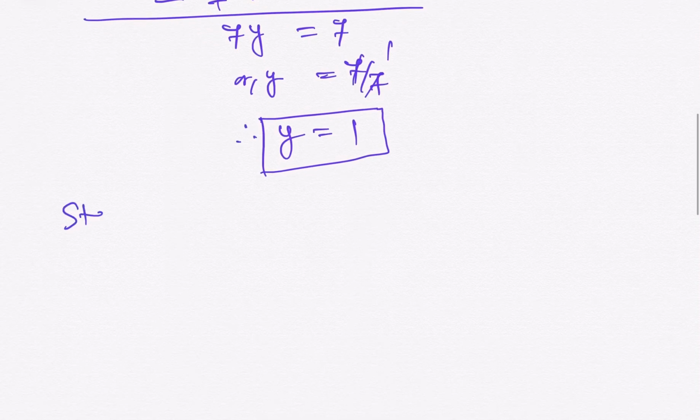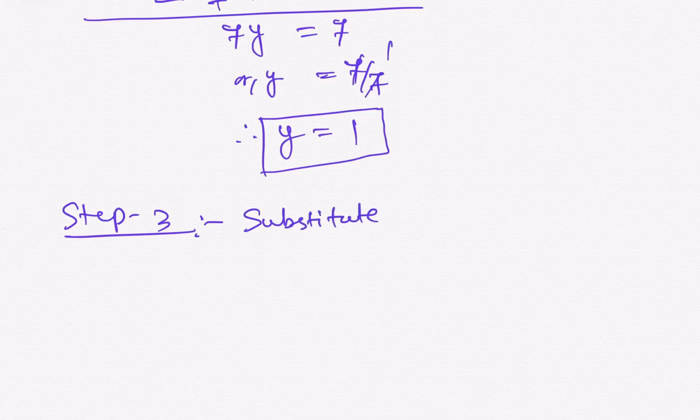Now in step 3, we calculate the other variable value, which is x. How do we calculate this? It is simple. We substitute the value of y into any one of the given equations. So let's start. We substitute y equals 1 into equation 2.